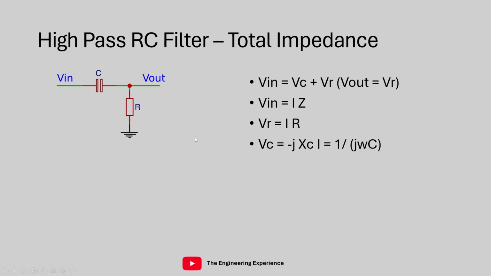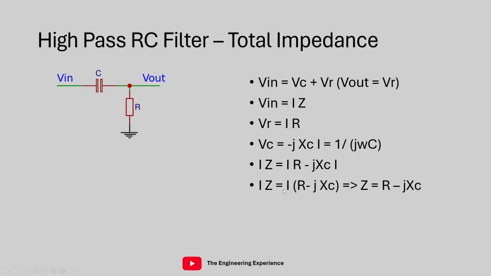We can also write down the voltage of the capacitor, which obviously we've covered in our previous questions, and that's been covered in the book as well. The capacitor voltage is equal to minus j omega C times the current through it, or 1 over j omega C. So plugging all of these into this equation over here, we get the following equation. Basically, Iz is equal to IR minus j omega C I. Now, if we factorize this out, so we've got I on this side and take the I out from both of these, we end up with this equation here.